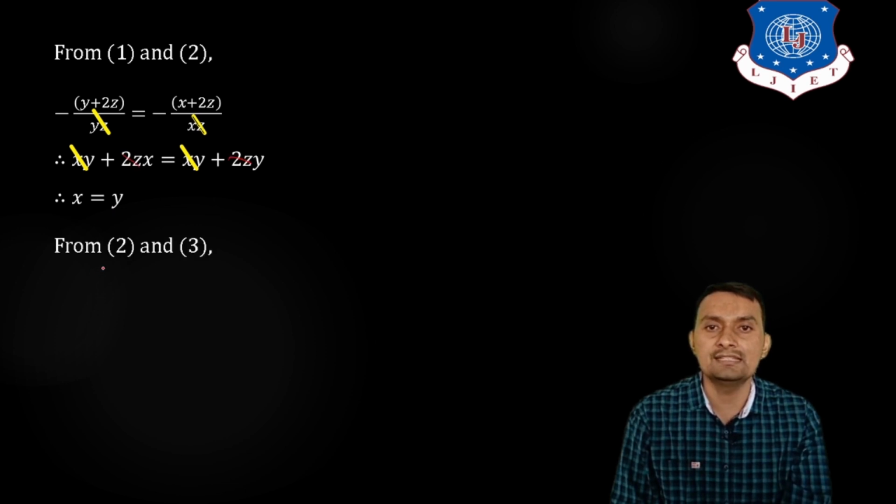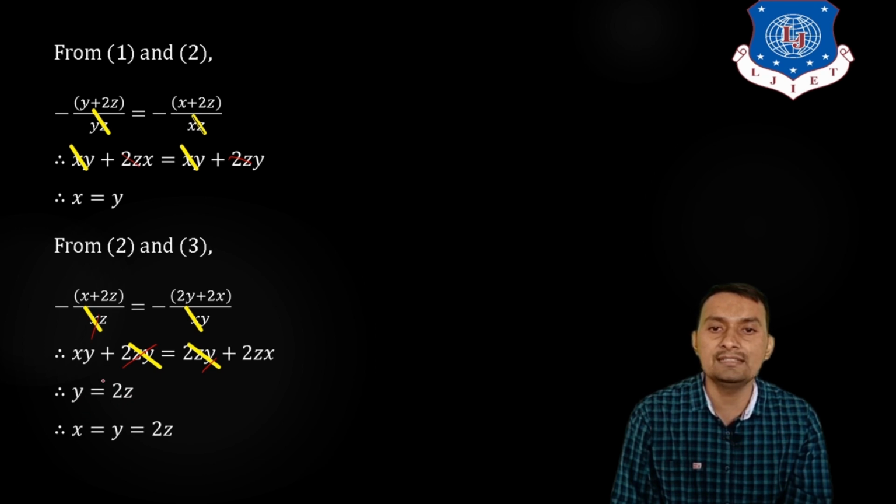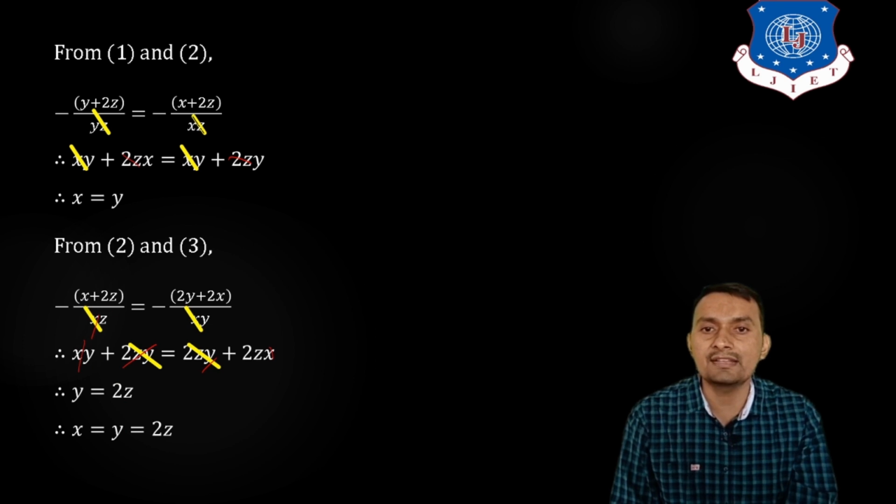So we get x equal to y. From the second and third equations, we can observe that x is cancelled out when we take the cross product, and we get y equal to 2z, because x is eliminated. So our conclusion says x is equal to y, which is equal to 2z. So we get this.